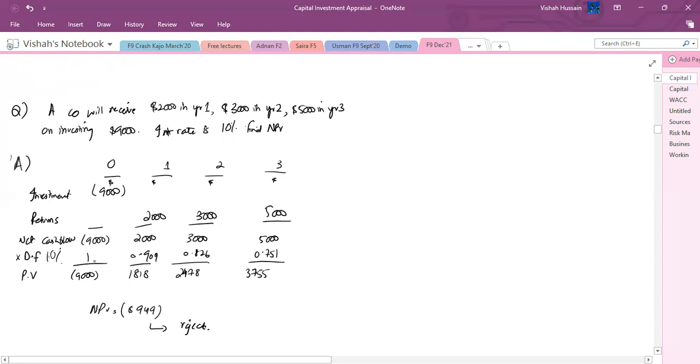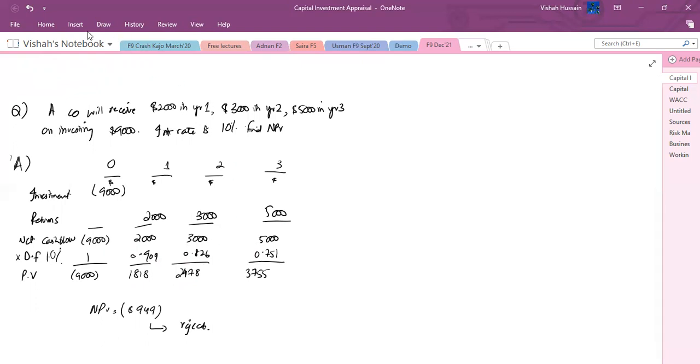9,000 negative into 1, because I told you that in year 0, whatever the discount factor may be, your factor is going to be 1 only, because it is already in present value terms. So 9,000 into 1 becomes 9,000 negative, 2,000 into 0.909 becomes 1818, 3,000 into 0.826 becomes 2478, 5,000 into 0.751 becomes 3755.